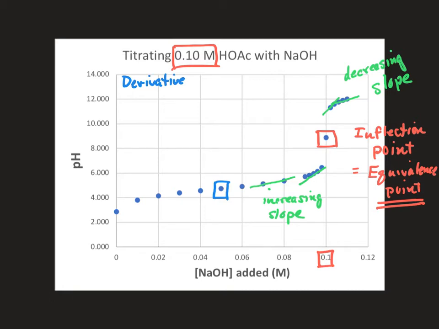What a derivative gives us is a new equation that describes the slope of the original curve at any point. So you get an equation telling you what the slope is anywhere along this curve. Okay? And if we plot that equation, we will get something that looks like this.